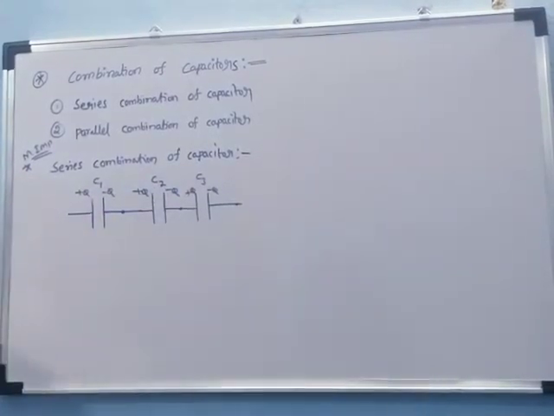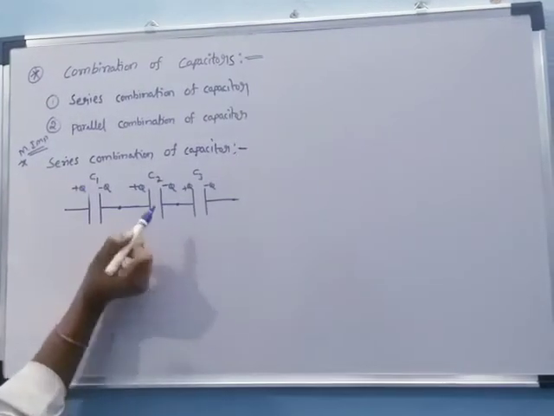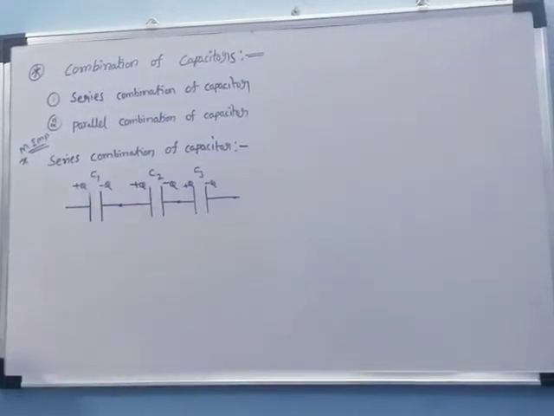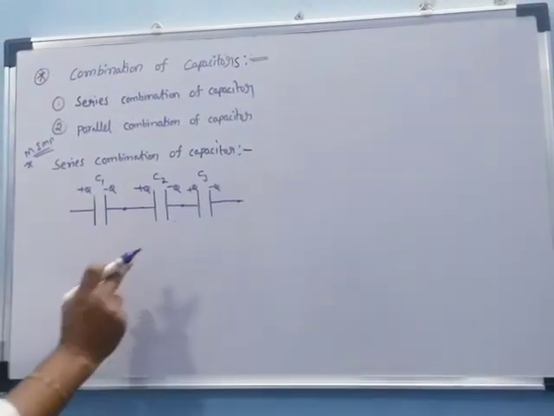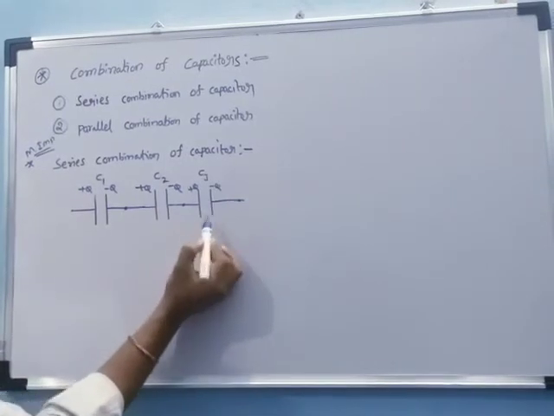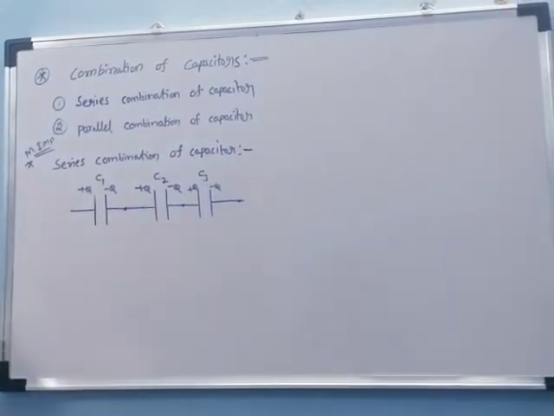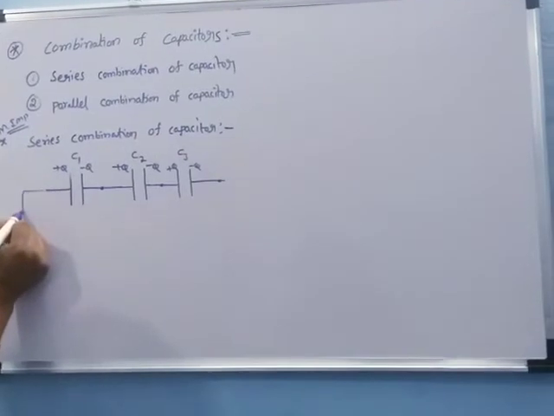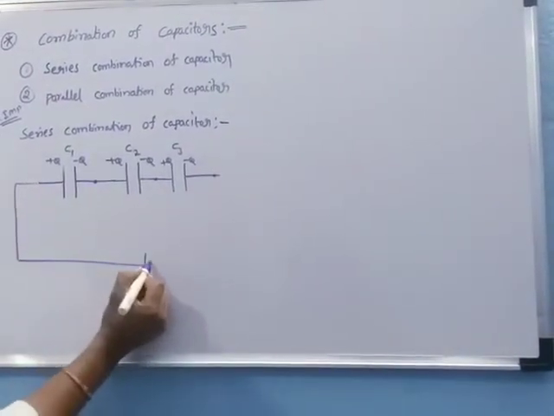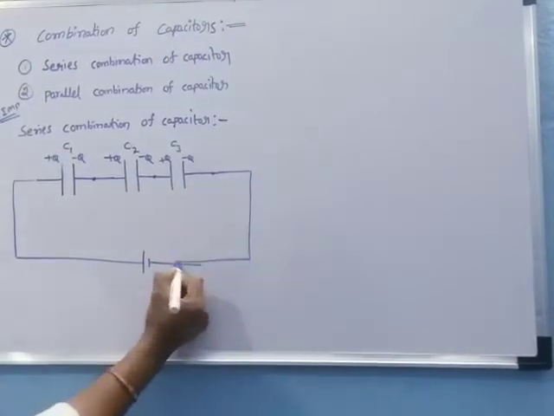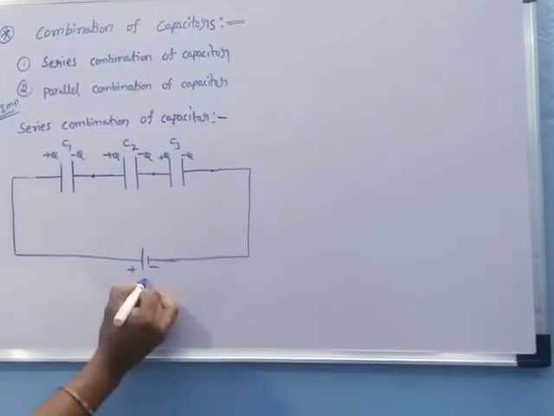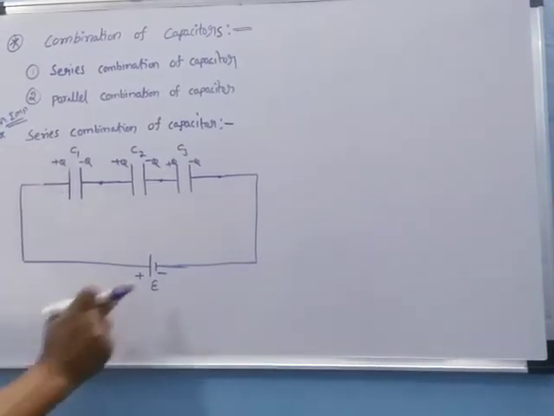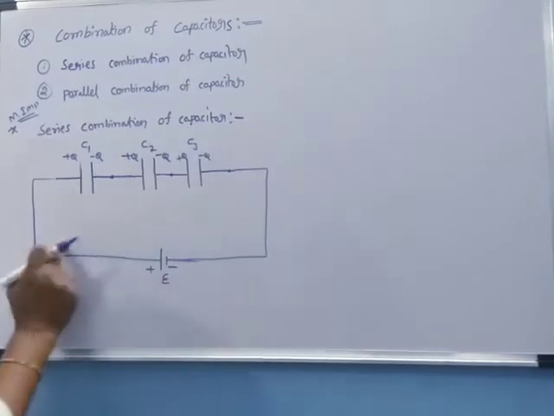The second plate of the second capacitor is connected to the first plate of the third capacitor. Finally, the second plate of the third capacitor and the first plate of the first capacitor are connected across a battery of EMF E, through its positive and negative terminals.